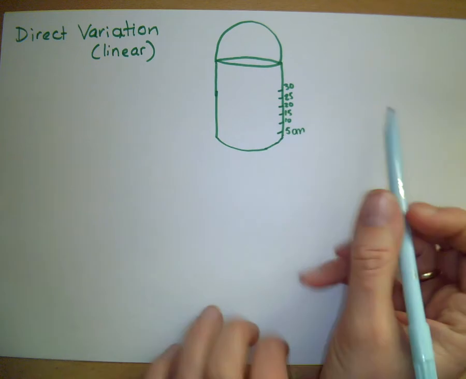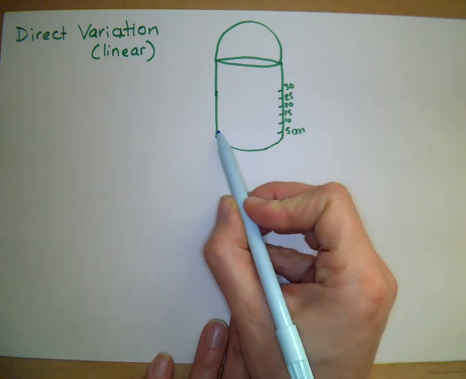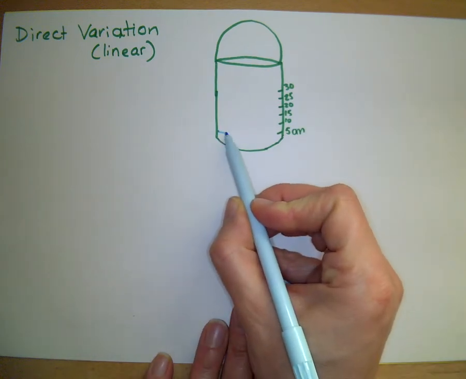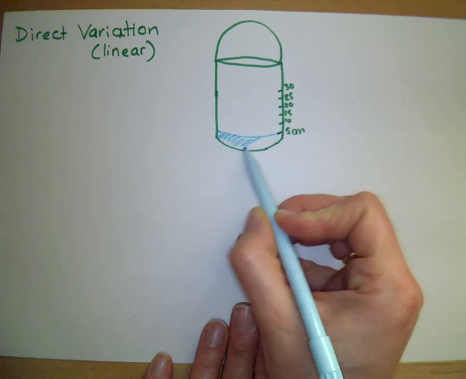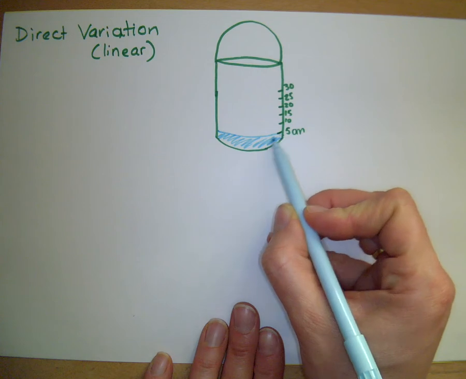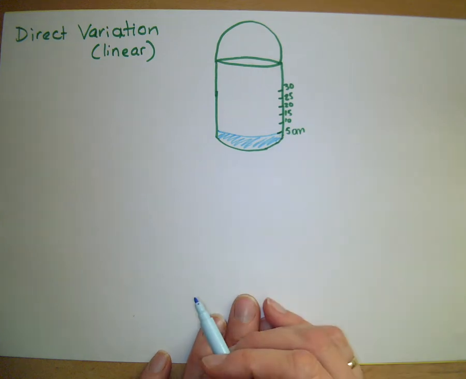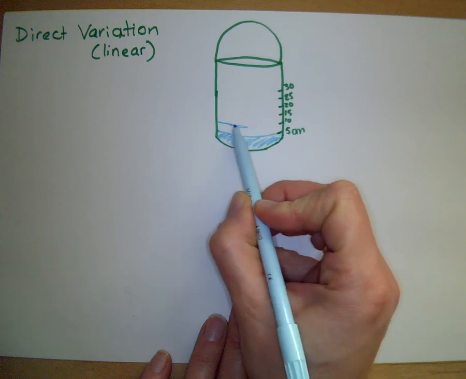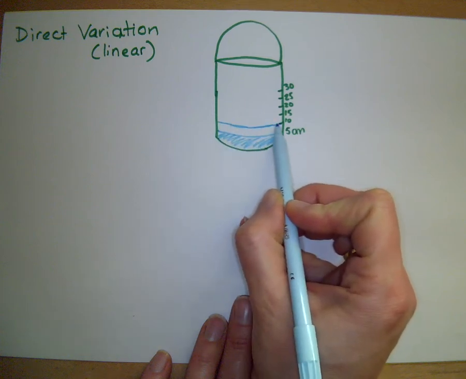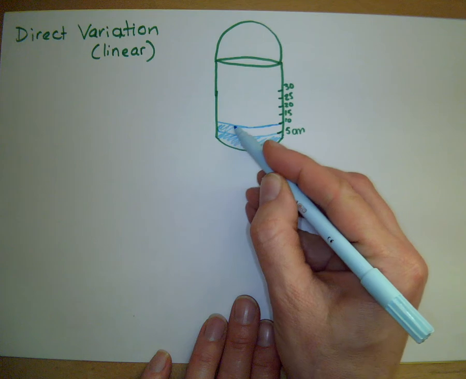And say I pour in 1 liter of water. The water level rises with 5 centimeters. So that's my first liter that I poured in. If I pour in another liter, of course, this makes a lot of sense.